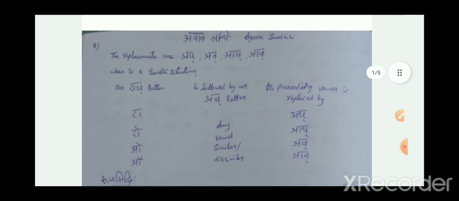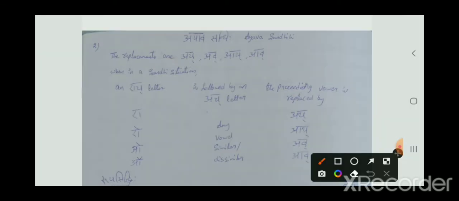So, Ayava Sandhi, what we have discussed, see here in this slide. If an H letter is followed by an Ach letter, then the preceding vowel will be replaced by I, Ow and Ow. It has four cases.